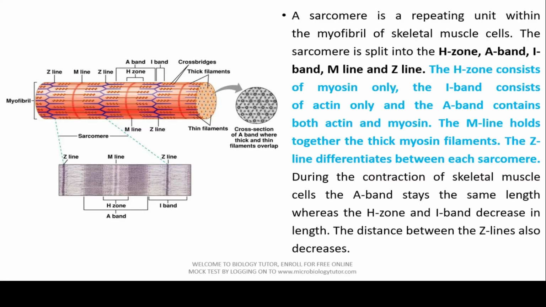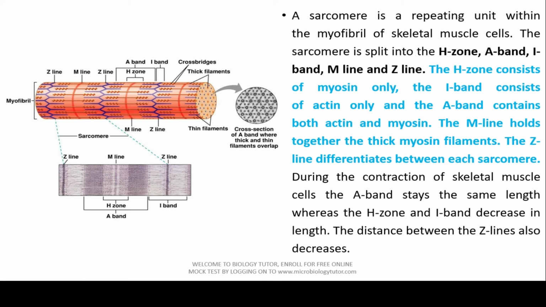On the left side you can see the structure of the sarcomere. A sarcomere is a repeating unit within the myofibril of skeletal muscle cells. The sarcomere is split into the H-zone, A-band, I-band, M-line and Z-line.